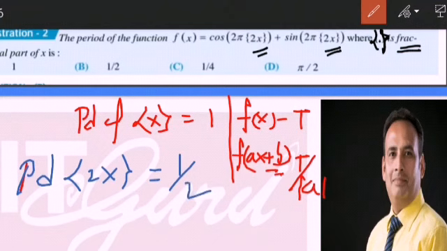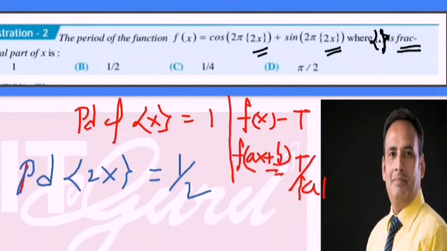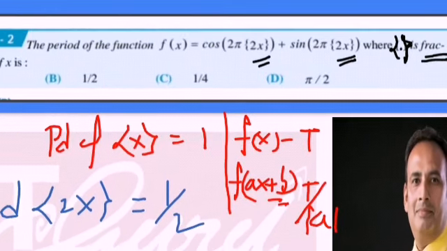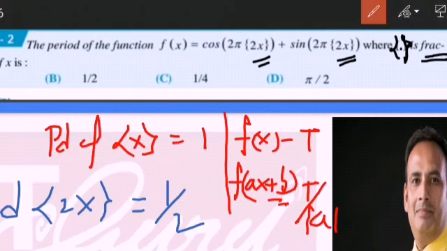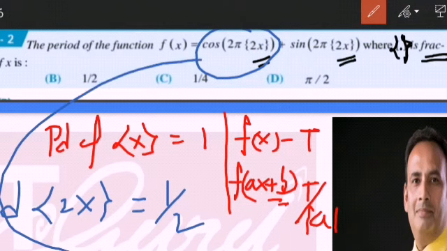So the period of cos 2 pi 2x is that same 1 by 2, and similarly for sine, its entire period is also 1 by 2.